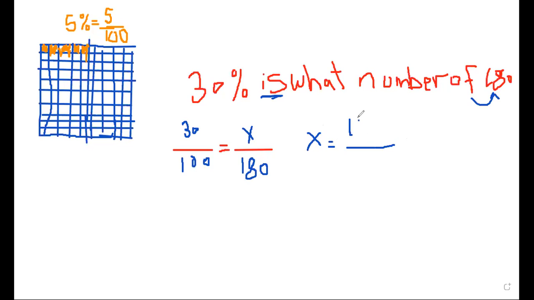How will we simplify it? First, we cancel 0 with 0, and 0 with 0. Then 3 times 8 is 24, write 4 and carry 2. 3 times 1 is 3, plus 2 equals 5.